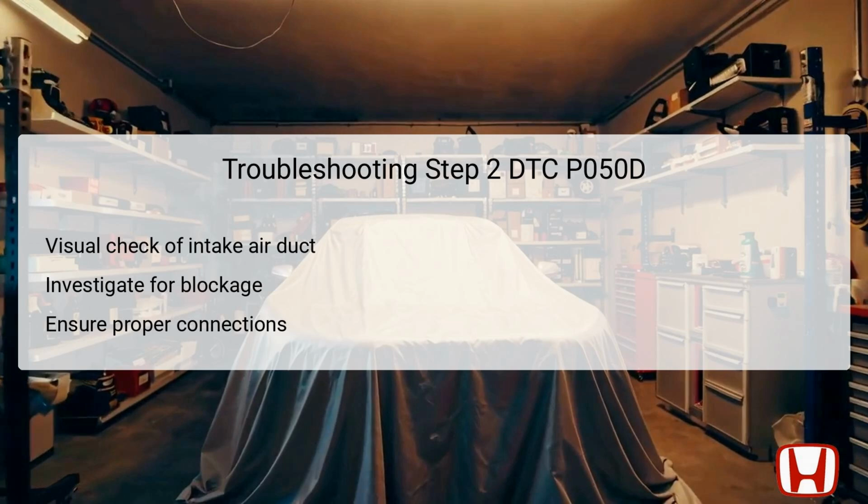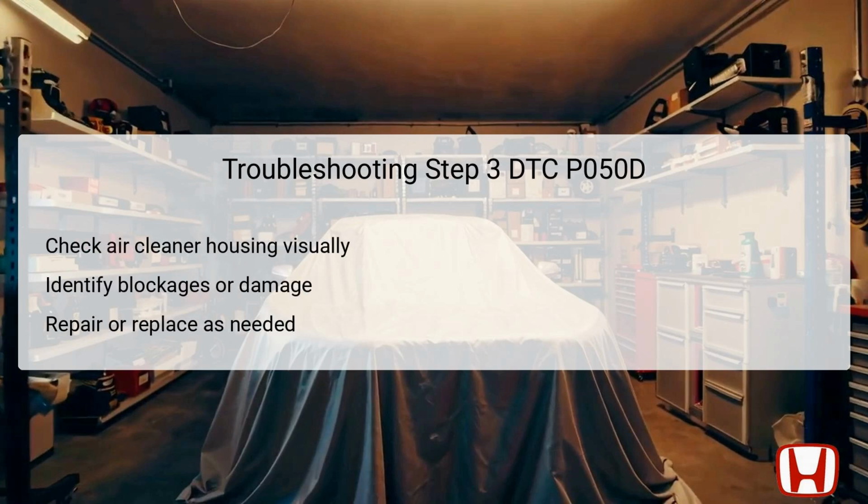If the intake air duct is found to be damaged or incorrectly connected, it should either be reconnected, repaired, or replaced if necessary. Successful completion of this step ensures that the air intake path is functioning correctly, allowing the vehicle to move to the next diagnostic phase.